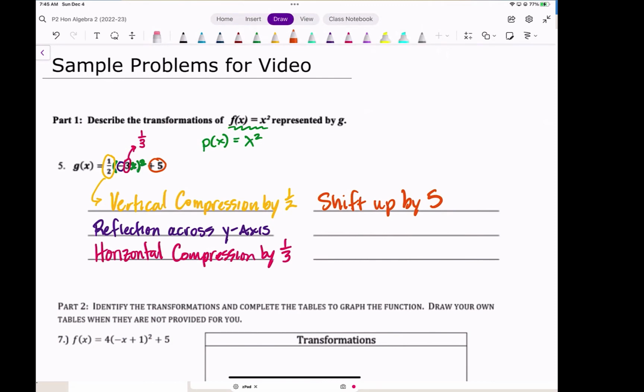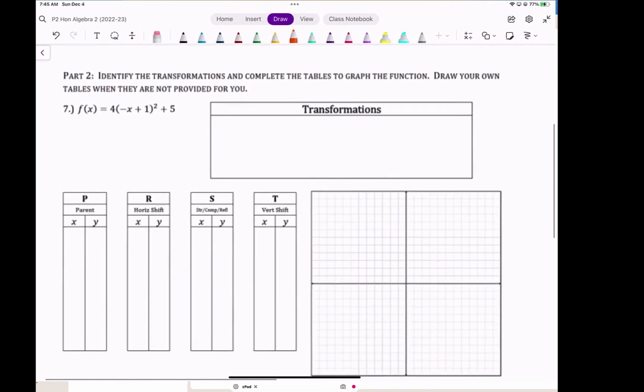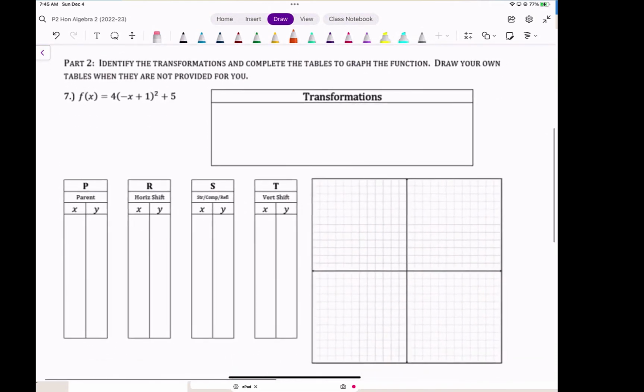If that was a +5 inside, it would actually be moving to the left. And we will need that as we take a look at part 2, which involves actually putting a graph together of these points.